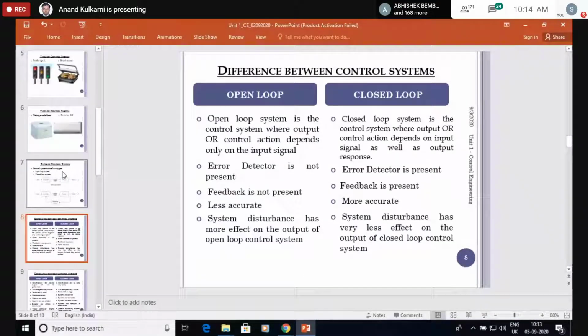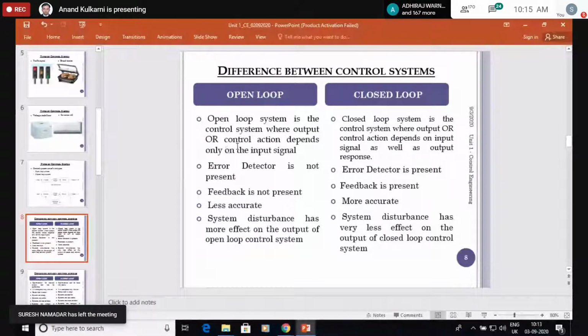And the difference between the open and closed loop control systems, you can see from this slide. An open loop system is a control system where the output control action depends only on the input signal.